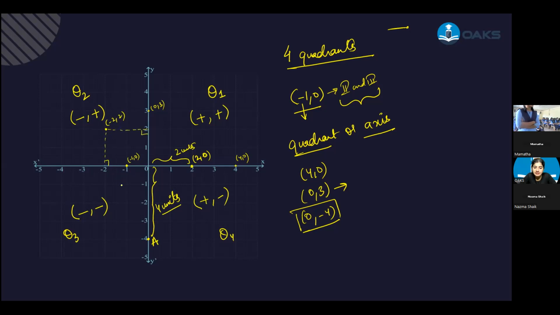Now, what is the distance with x-axis? Minus 4 minus... Why 4 is coming? See, minus 2 comma 2. Forget everything. See, only this point is here. This is point C, minus 2 comma 2. What is the distance of this point with x-axis?